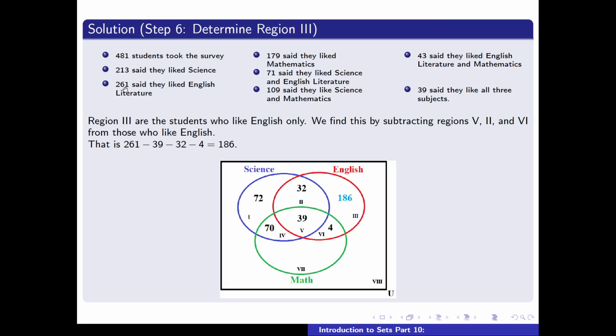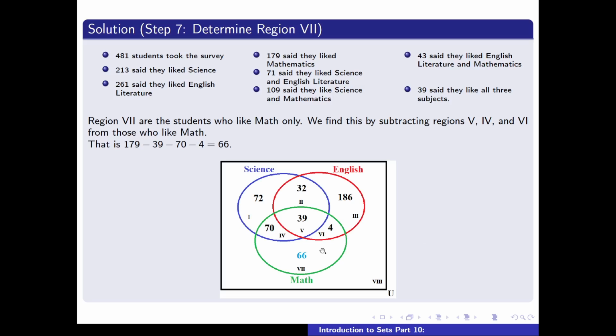So we have 261 minus region 5, which is 39, minus region 2, which is 32, minus region 6, which is 4. And that results in 186 students who liked only English.